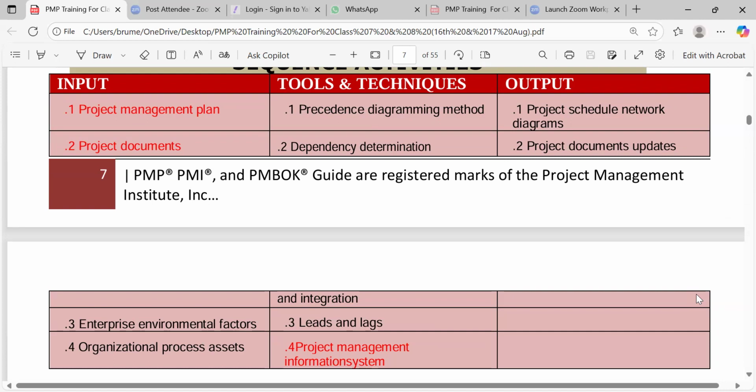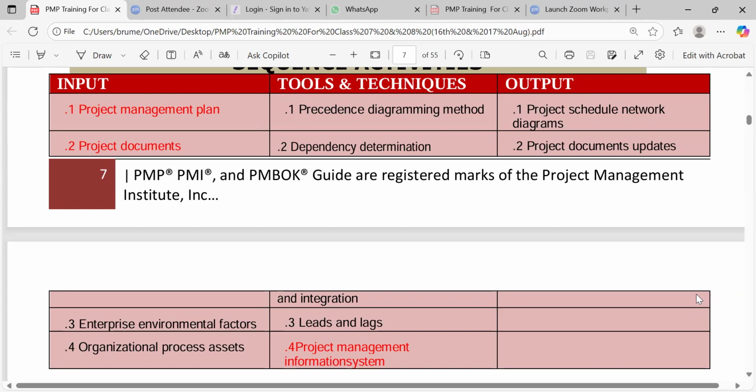We have three kinds of dependencies. Mandatory, which means there is no other way. Writing will not come before research. There's no way painting a building will come before the plastering. There's no way somebody will paint first before the plaster.